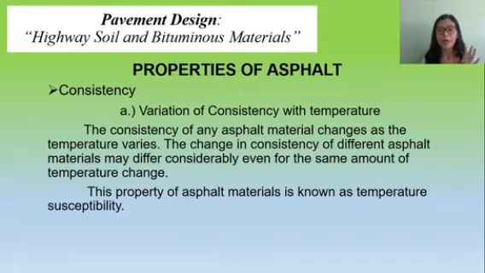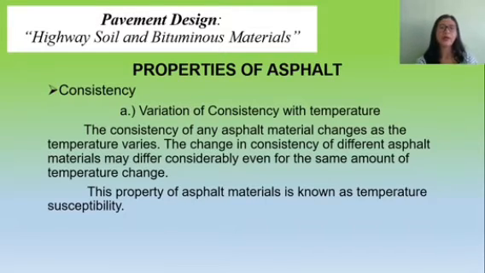If these two asphalts are cooled down gradually to the freezing temperature of water, the blown asphalt will be much softer than the regular paving asphalt. Thus, the consistency of blown asphalt is affected less by temperature changes than the consistency of the regular paving grade asphalt.